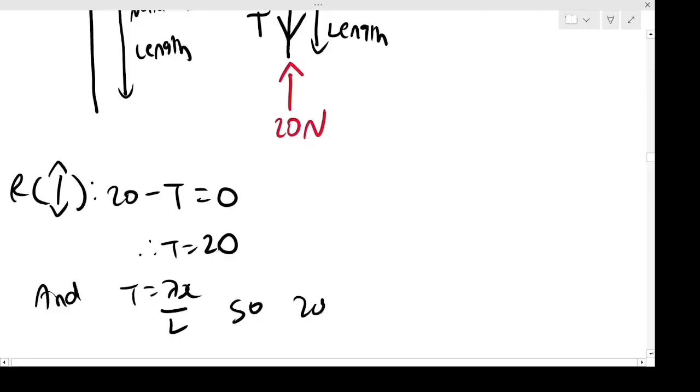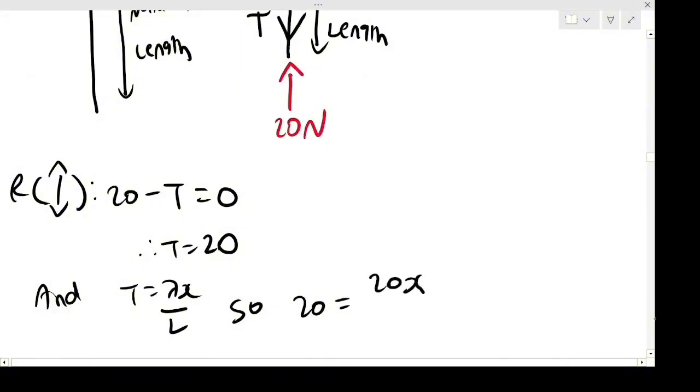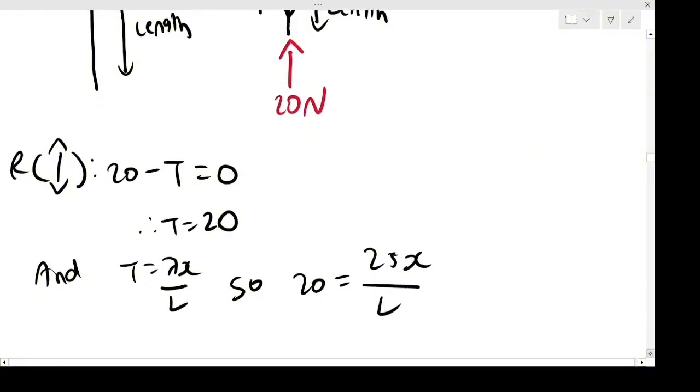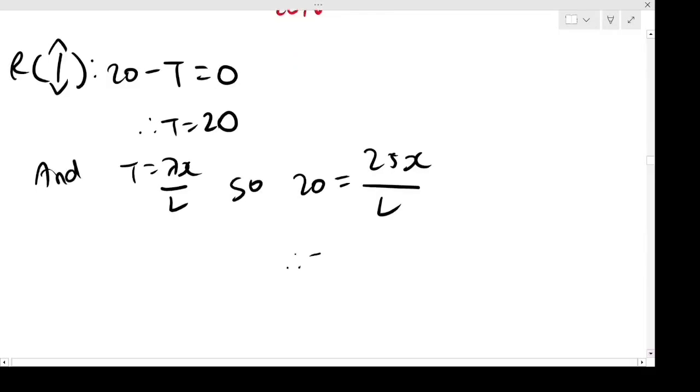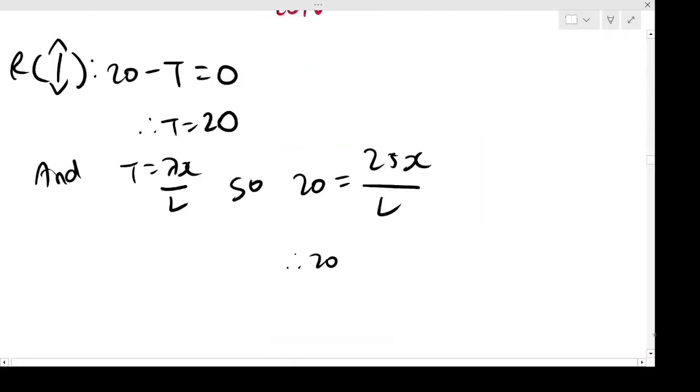So if T is 20, that's going to equal lambda, which is 25, my modulus of elasticity, times x. Now x is my compression, how much string has been compressed, over my natural length L, and they want me to find the natural length L. So 20L is 25x.